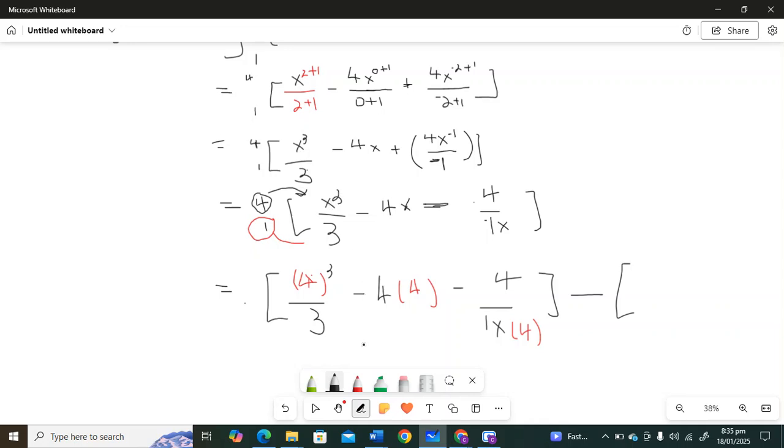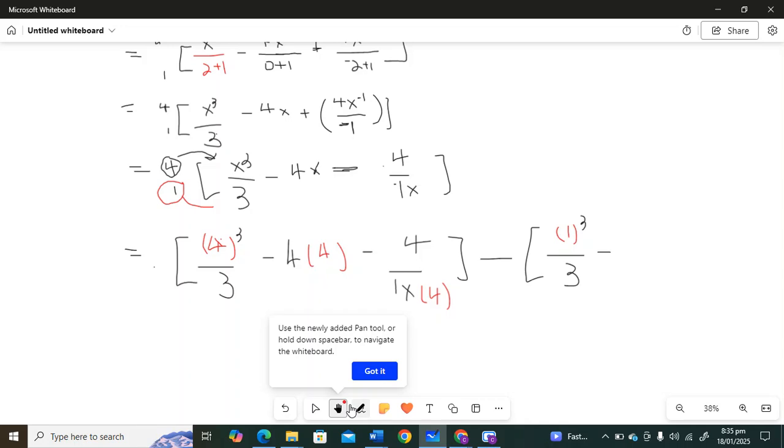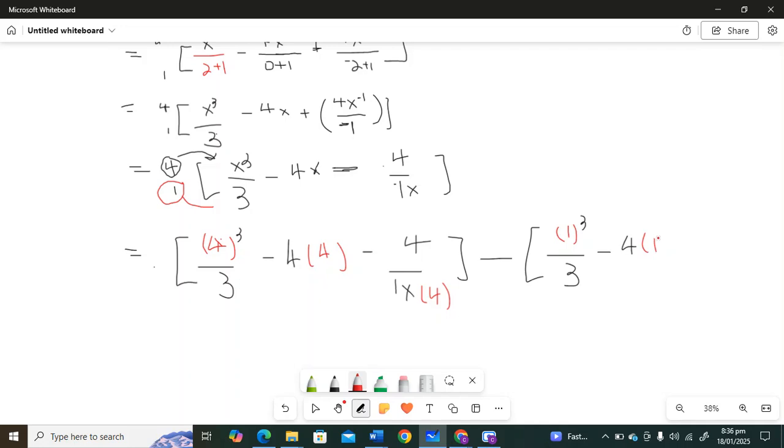So this x to the power 3 becomes 1 to the power 3 over 3 minus 4 times 1 minus 4 over 1 base, because 1 times 1 basically is 1, so 4 over 1.